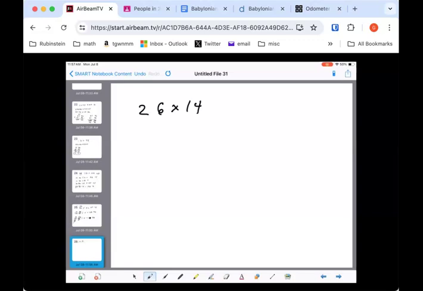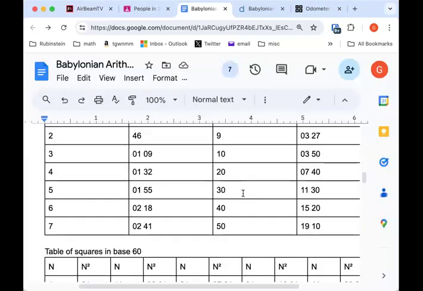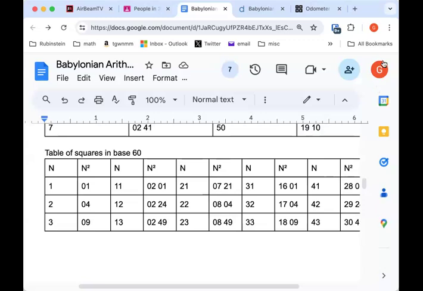Now, I don't have a 26 times table or a 14 times table, but instead, I have a new chart. And that chart is here. I just gave you the link to this document.